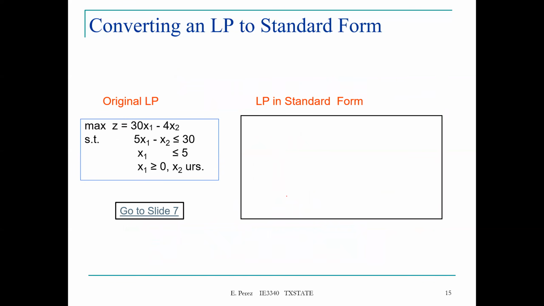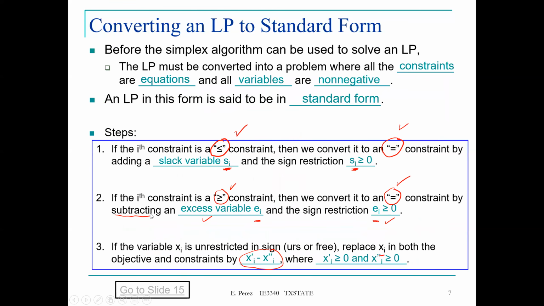So how do we transform this into standard form? If you remember, from our discussion on slide 7, if the variable xi is unrestricted in sign, then we replace xi in both the objective and the constraint by this, and then we make those xi prime and xi double prime greater or equal to 0.